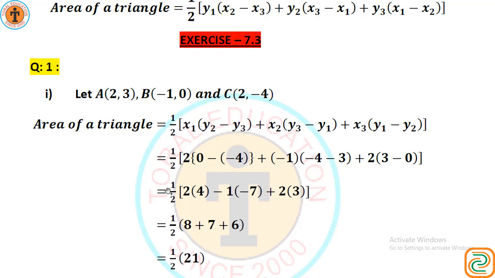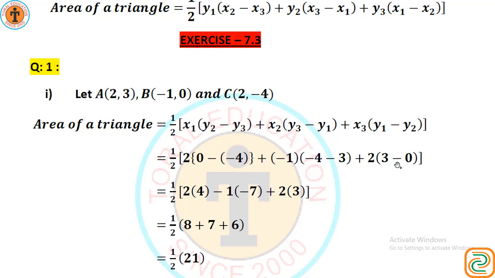Now look at here, step number 3, half 2 into bracket 4, because 0 minus 4, that is plus 4, and minus 1 here, plus minus 1, minus 4 minus 3, that is minus 7, and here 2 into 3, because 0 is 0.